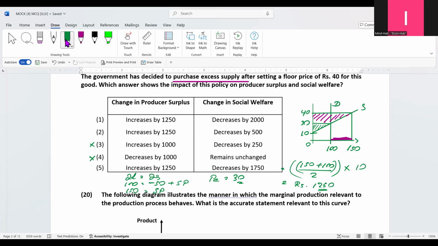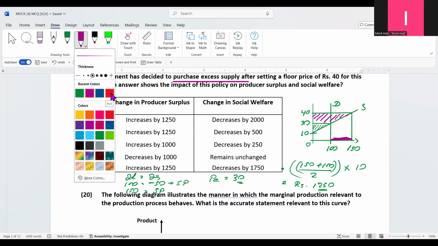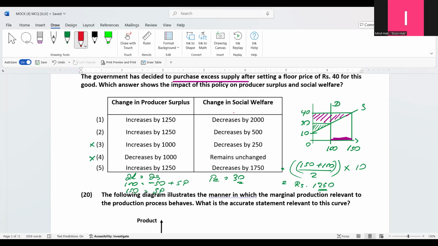So I'll use red color to indicate the social welfare loss, SWL, that is created.